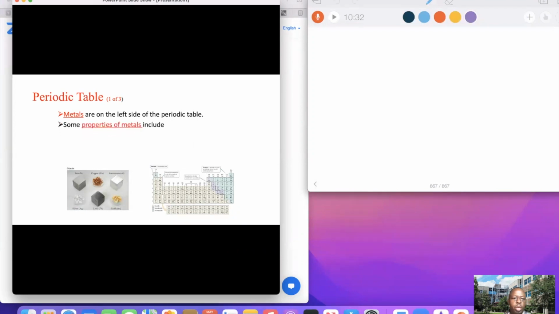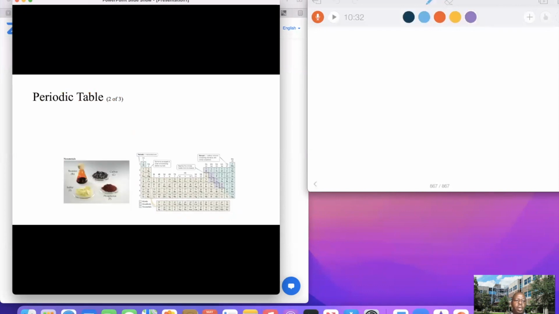You should know the properties of metals. They are shiny. You can distinguish a plastic from a metal. They conduct heat and electricity. Most of the metals are solid at room temperature except mercury, all right?